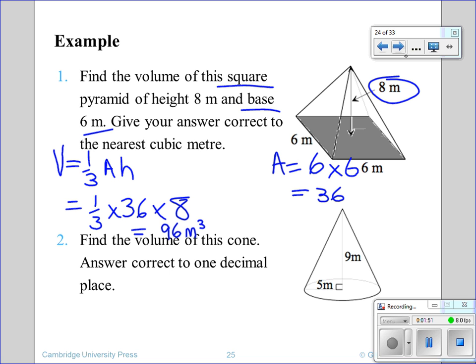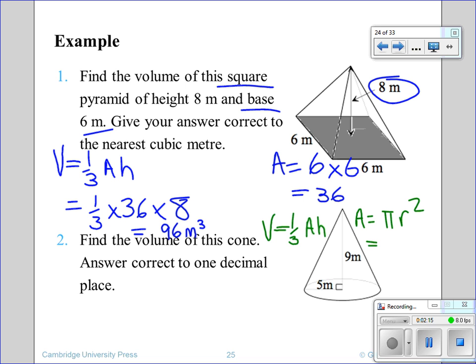Now, for a less fun one, we can have a look at our lovely cone here. V equals 1/3 A h. Right, so just going back a couple of lessons, we talked about the area of a circle being pi r squared.